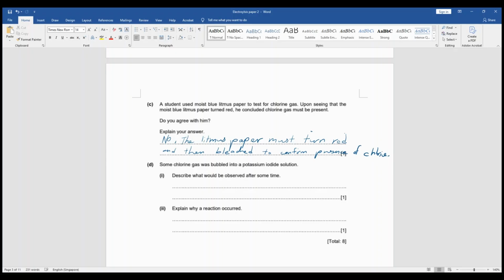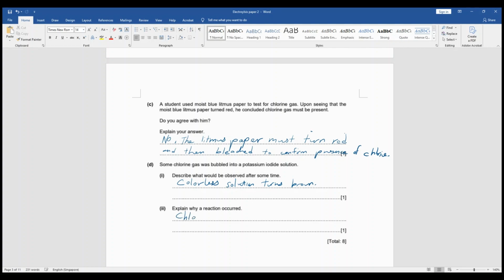Some chlorine gas is bubbled into a sodium iodide solution. Describe what will be observed after some time. The solution turns brown, because the chlorine displaces the iodine. Explain why a reaction occurs.